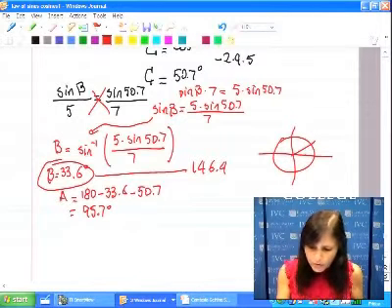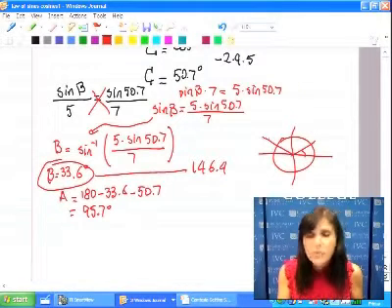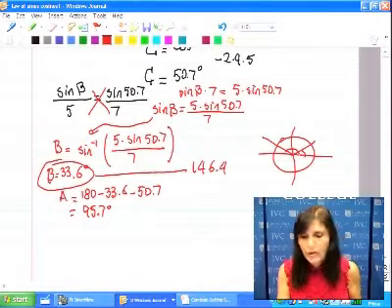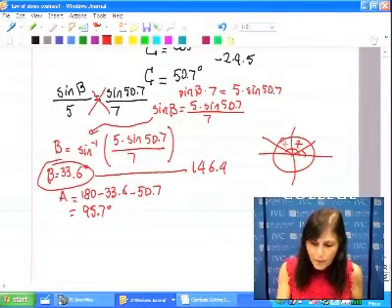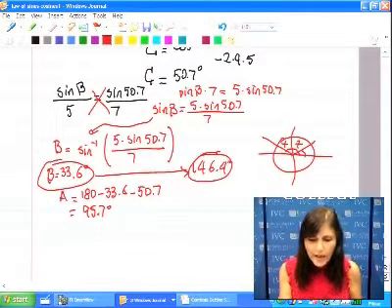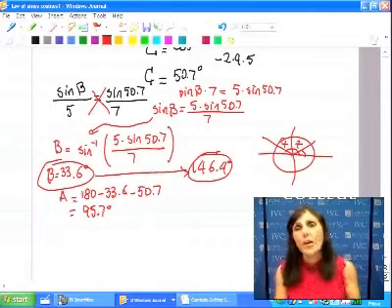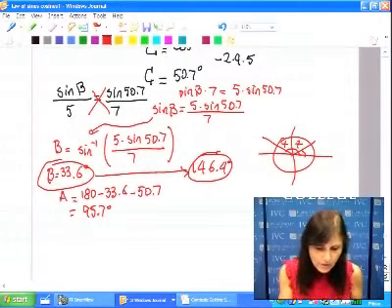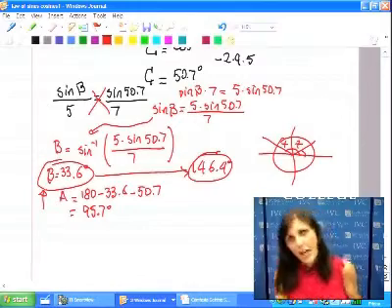It's going to be 33.6, or since it's also positive on the other side, that can also be 146.4. But the problem with that is, if I pick the 146.4 degree, then I'm not going to be able to get the third angle because it's too large. So I have to stick to the littler angle.